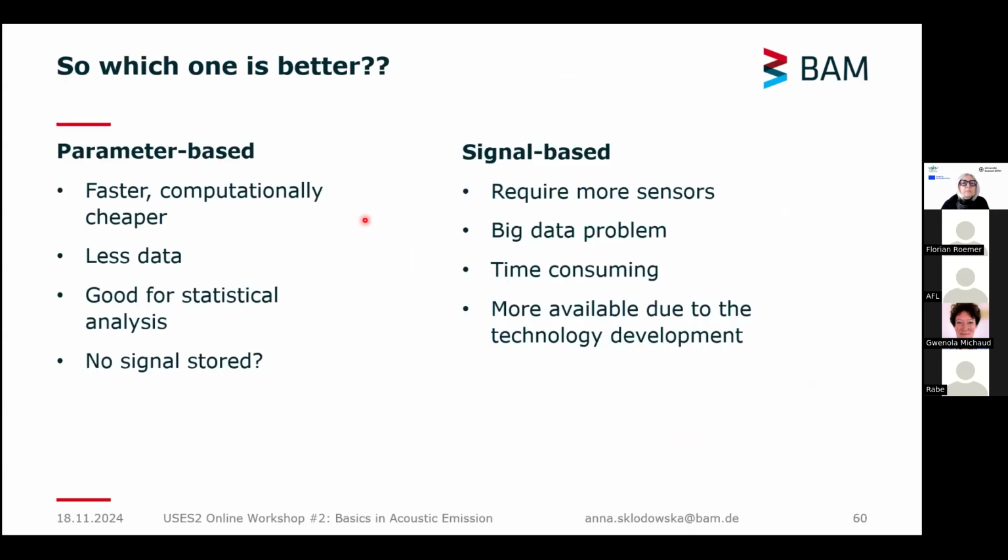So basically, the question would be which one is better. We know that moment tensor inversion has been used in seismology and mining to characterize ground motion for many decades. However, it has still not found widespread application and acceptance in fracture monitoring for civil engineering materials.